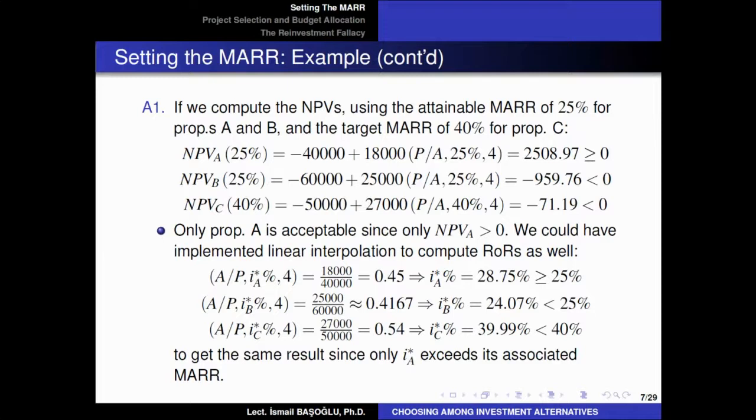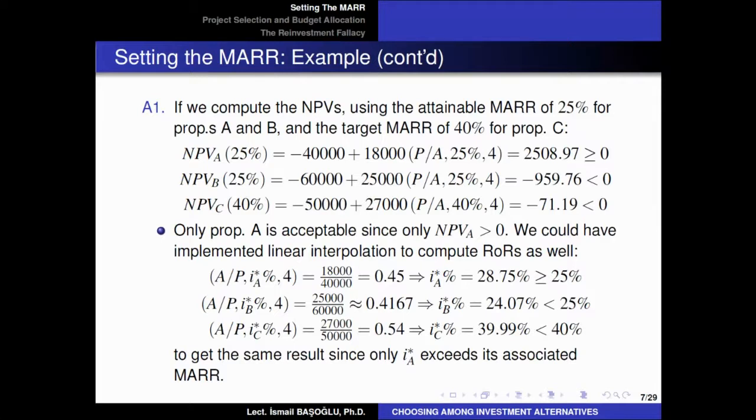You can apply linear interpolation to determine this value, but you need to try that at home. We are not going to give any further information on the linear interpolation. You can determine the rate of return value by studying the previous chapter. And the rate of return for the first project is 28.75, which is greater than the attainable minimum attractive rate of return. So project A is logical in that sense.